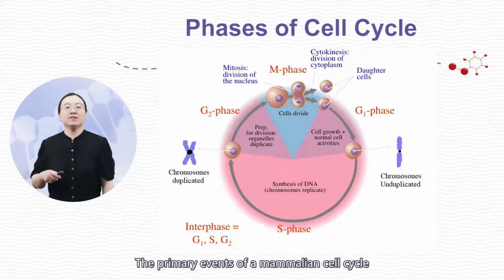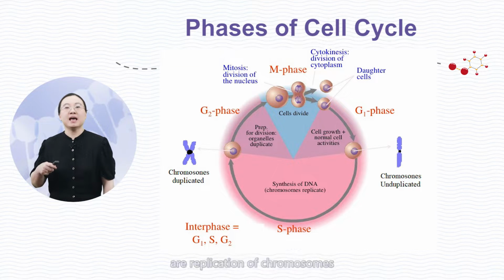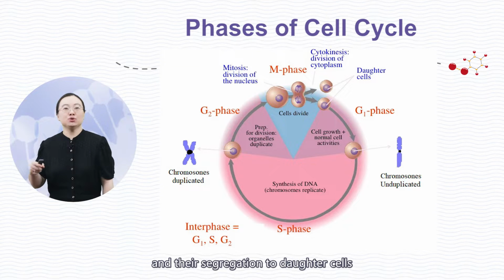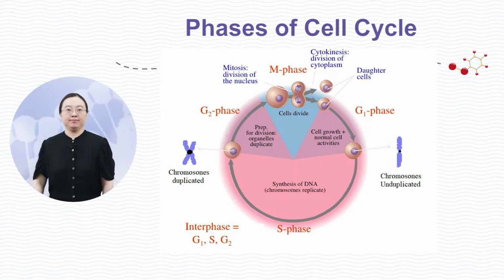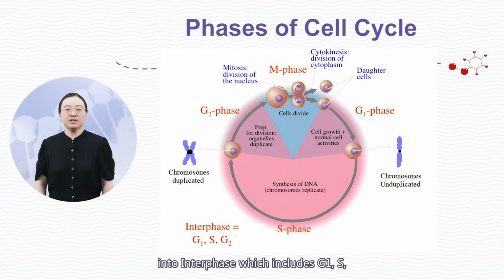The primary events of a mammalian cell cycle are replication of chromosomes and their segregation to daughter cells, with extraordinarily high fidelity. According to this, the cell cycle can be divided into interphase, which includes G1, S, and G2 phases, and division, which is equal to M phase.